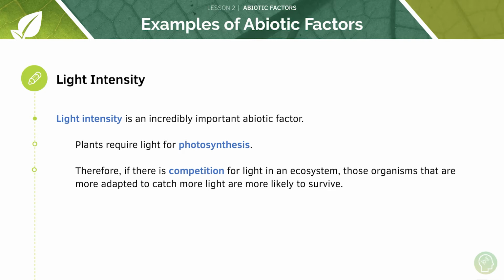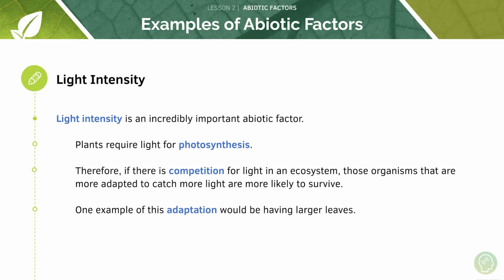Producers, for example, which we find on our first trophic level, are going to be competing for light in an ecosystem. And therefore we get this competition between organisms on the same trophic level, and if they are adapted to catch more light, they are more likely to survive and reproduce. So this is why light intensity is an incredibly important abiotic factor.